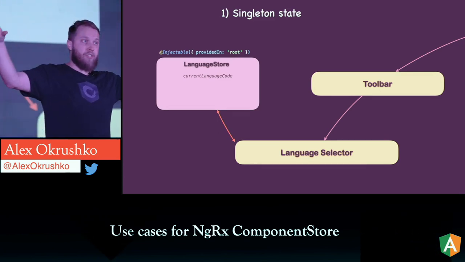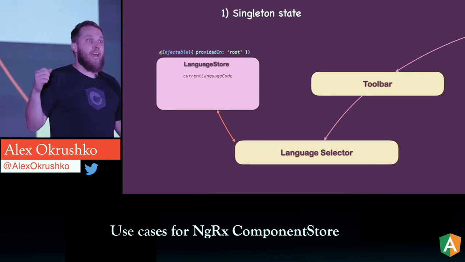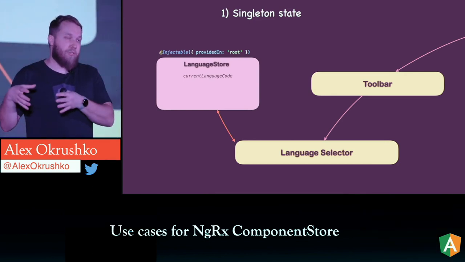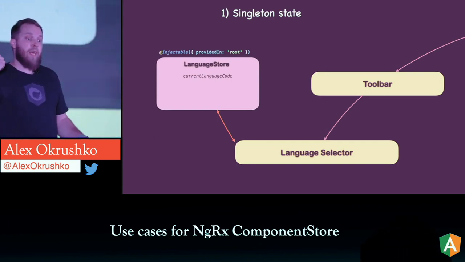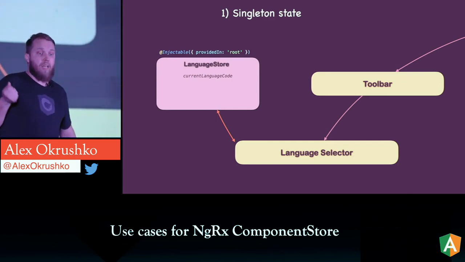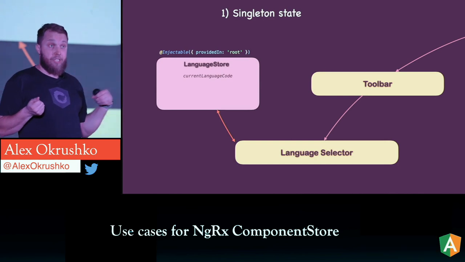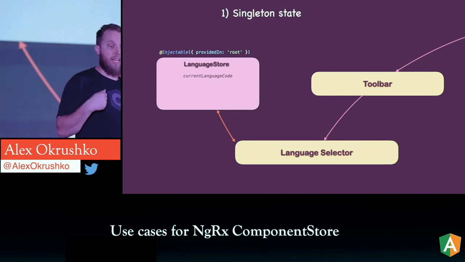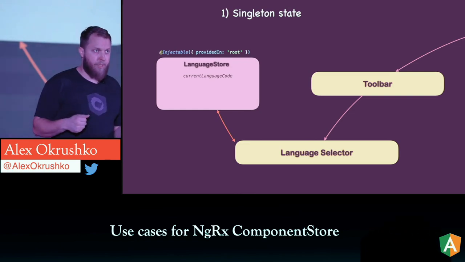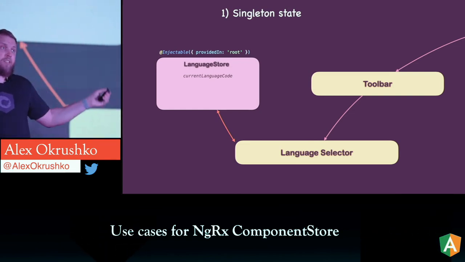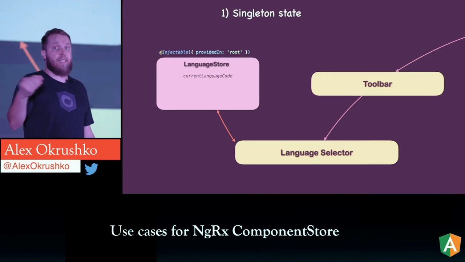Global store will have the larger shared state, and then once I get closer down to the specific nodes, I'll have component stores in them. But anyhow, this is one of the use cases. And language selector, for example, injects it and sets and reads the current language as well. All right? Provided in root is what makes it singleton state.